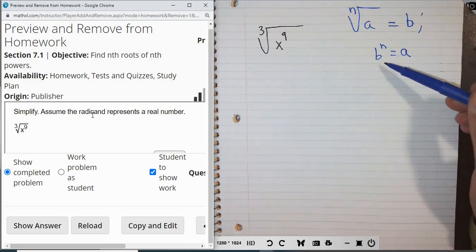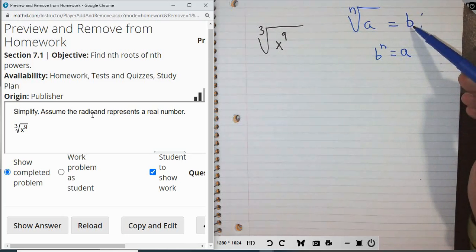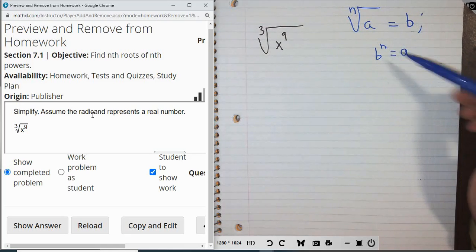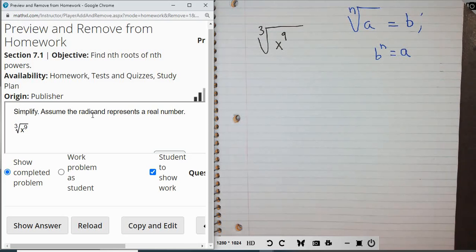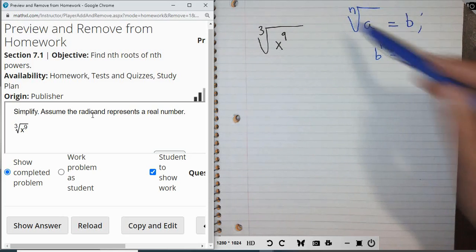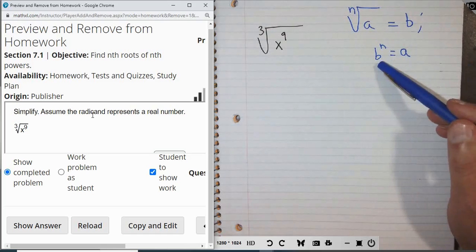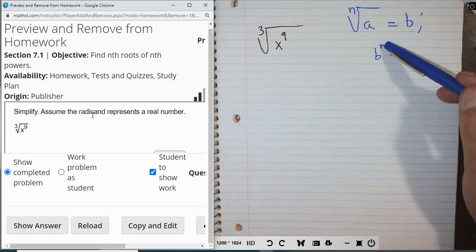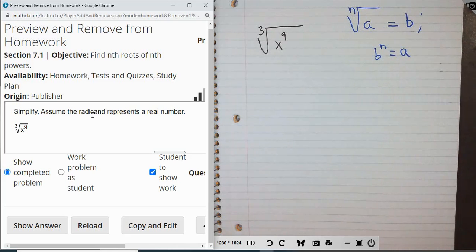The b is that number, and b is taken to the nth power to get the radicand a. In other words, we're asking what number can be multiplied by itself this many times to get the radicand a.